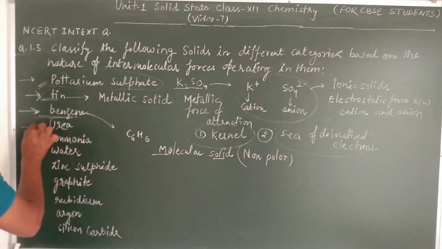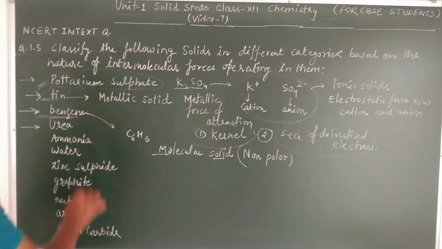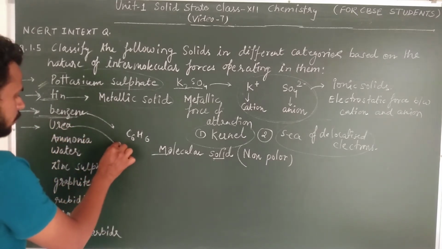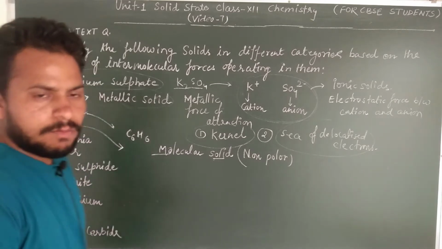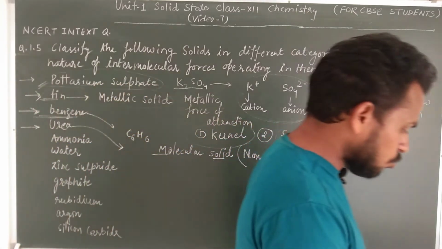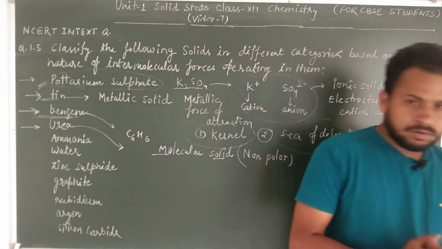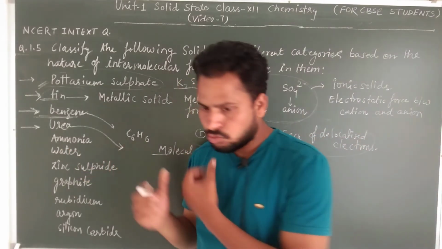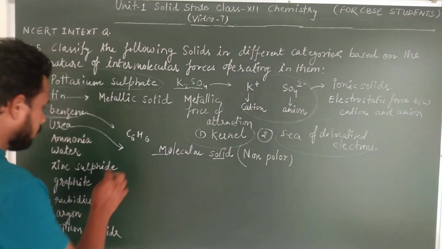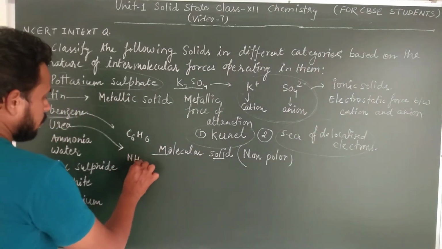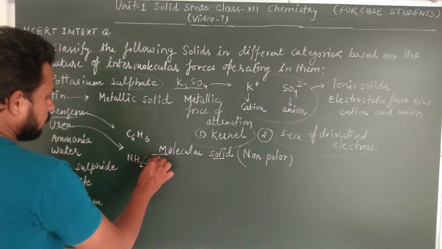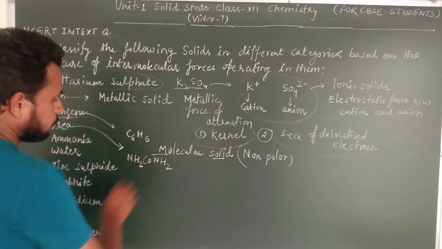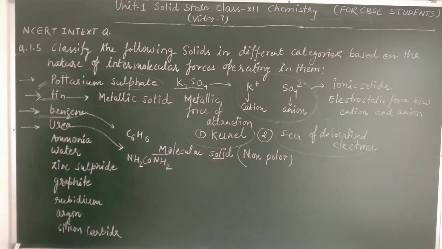If we talk about urea, urea formula is NH2CONH2. So the formula of urea is NH2CONH2. And urea is which type of solid?